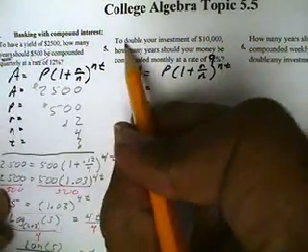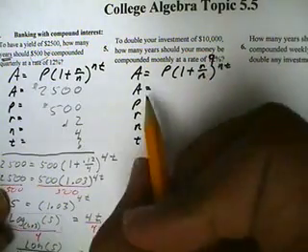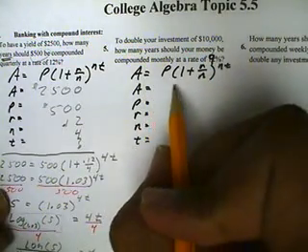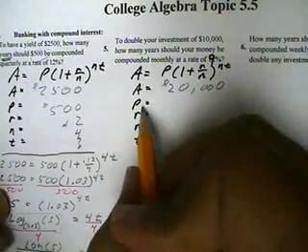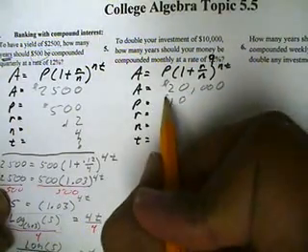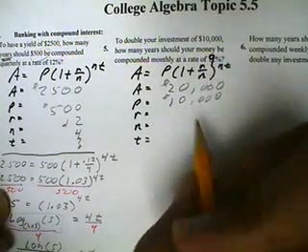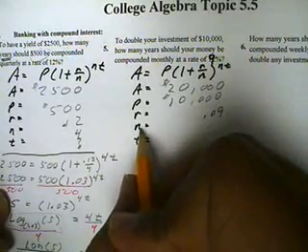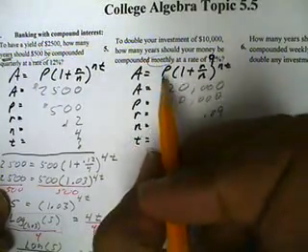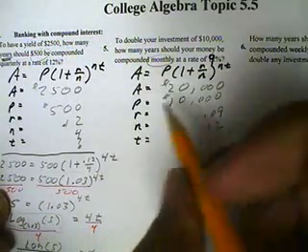Okay, we're trying to double our investment of $10,000. Well, that means that our yield we're looking to have is $20,000. The principal, the amount that we're initially putting in, is $10,000. My rate is 9%, so I'll put 0.09. Now my compounding is monthly this time. Well, monthly, there's 12 months, so we'll put down 12 here.